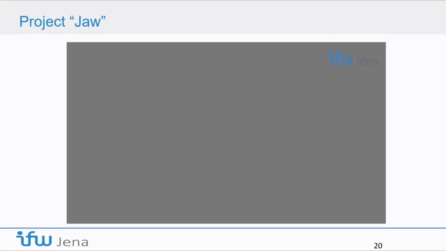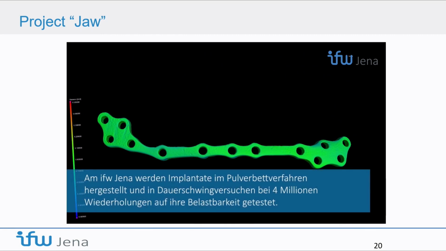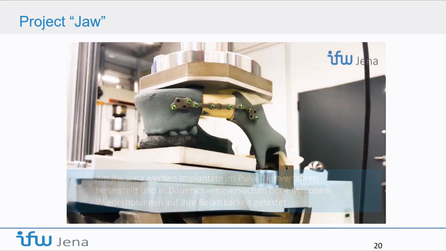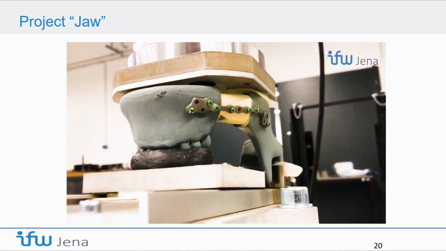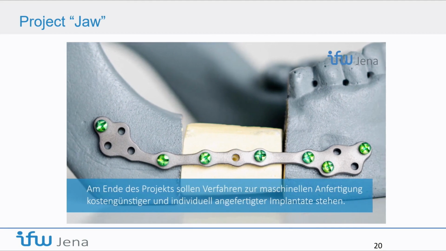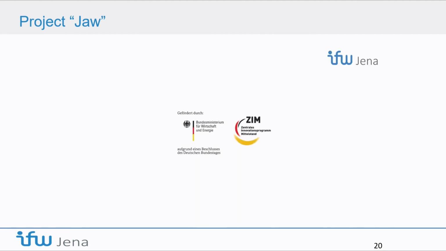In this video, you can see the test in real. So from setup, measuring the geometrical differences between design and then the real testing. And depending on the industry need, here it was set to 4 to 5 million cycles.